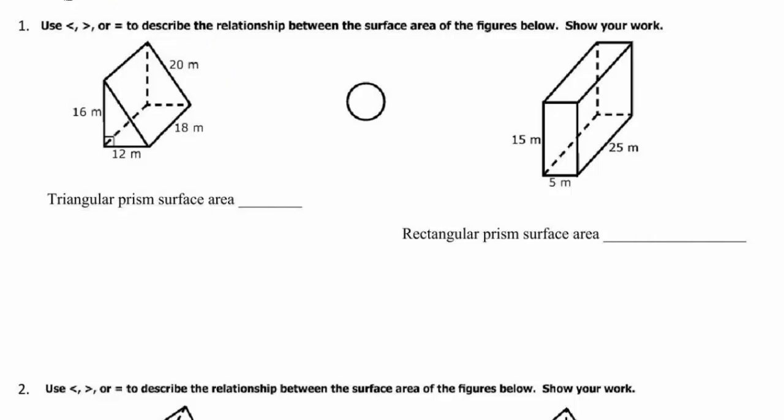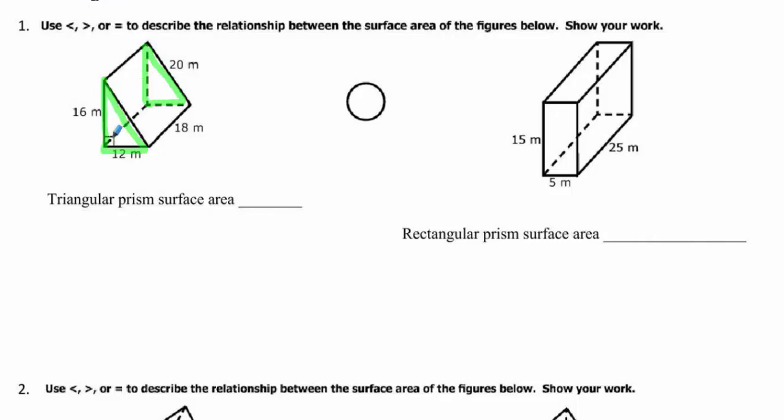One of the things that we have found is really helpful when doing surface area is to start out and look at the figure and determine how many faces there are. So for this figure, we have two triangular faces.